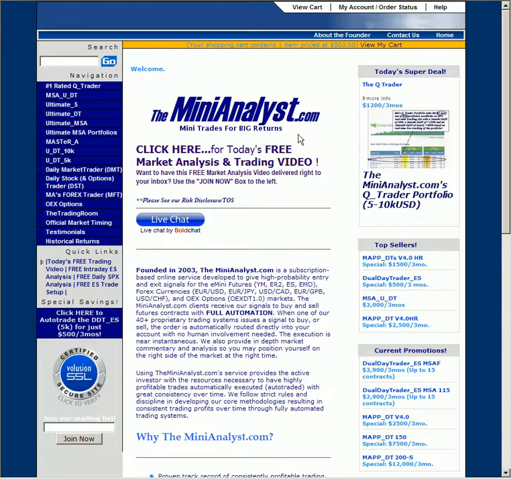Overall, the portfolios, we're going to go ahead and look right over here. There's the home page. As mentioned last week, we've added a lot of things to the website. A lot of our newer trading models are incorporated into these ultimate portfolios, essentially over the last year, with the beginnings of the MSA UDT and of course the Q Trader, an attempt to pick out the best performing systems that were really outperforming in this market. That is our ultimate line of portfolios.